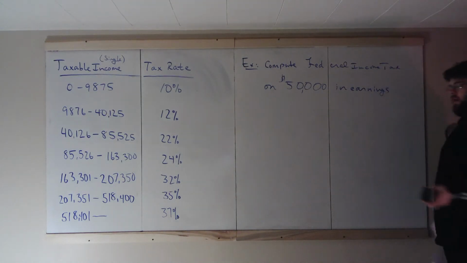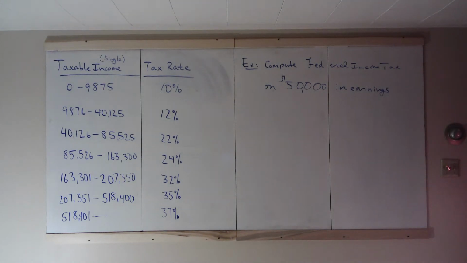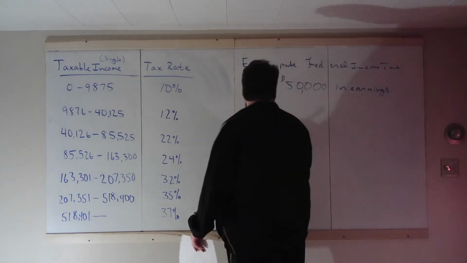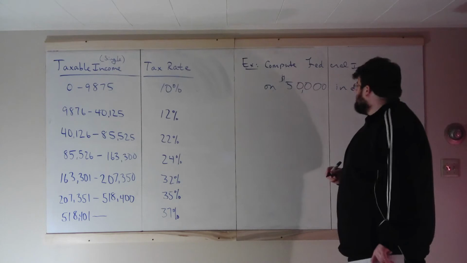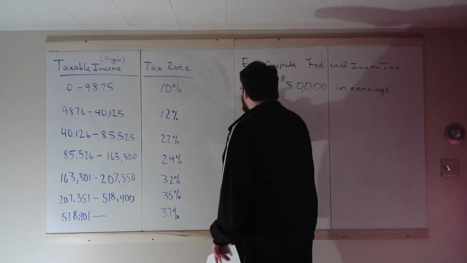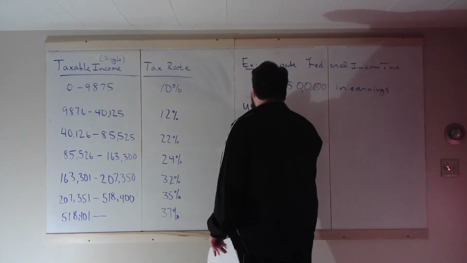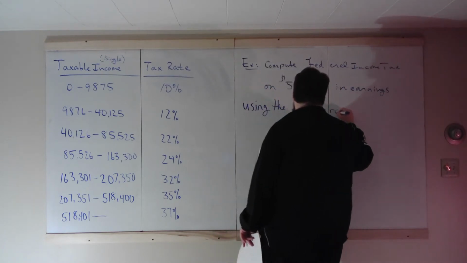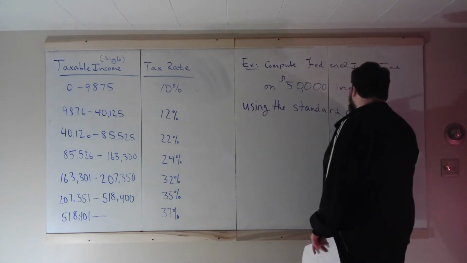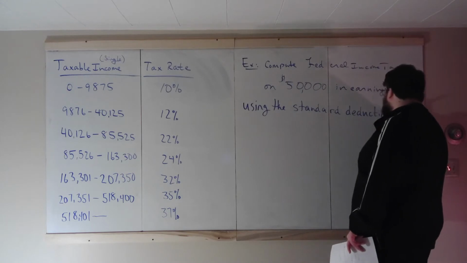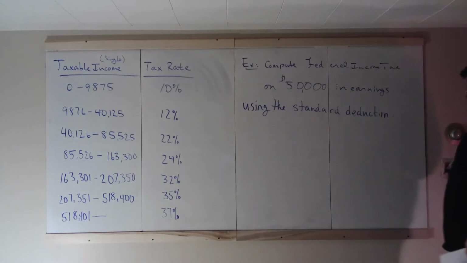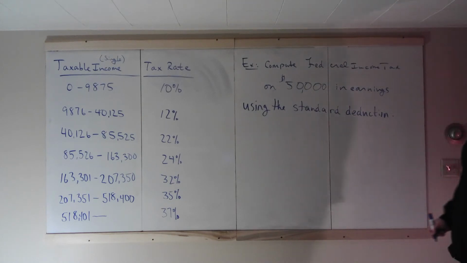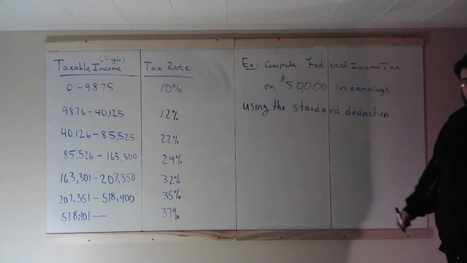But one deduction you can all make is called the standard deduction. So compute the federal income tax on $50,000 in earnings using the standard deduction. So when you're filing, you can deduct from your income, and you can do what's known as itemizing these deductions.